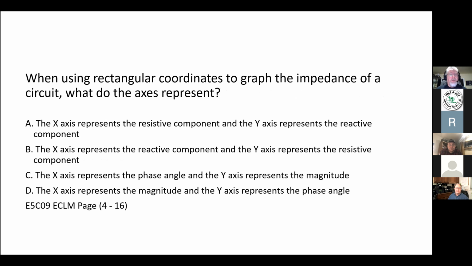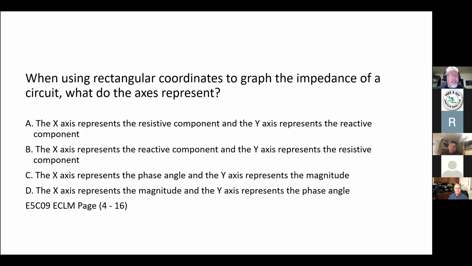When using rectangular coordinates to graph the impedance of a circuit, what do the axes represent? A. The x-axis represents the resistive component and the y-axis represents the reactive component.